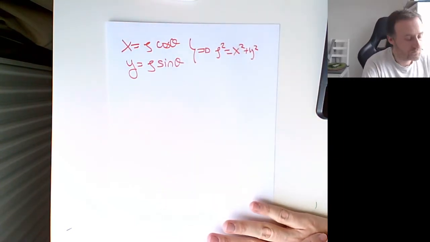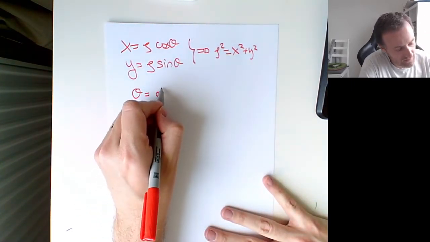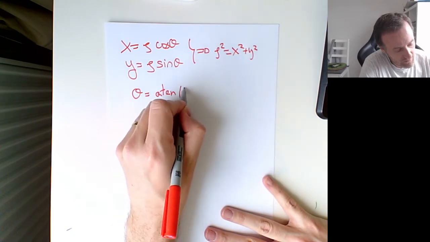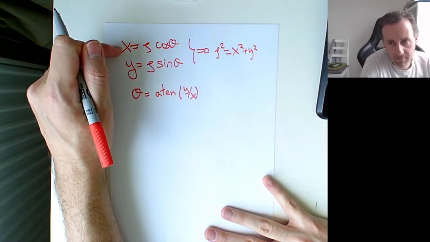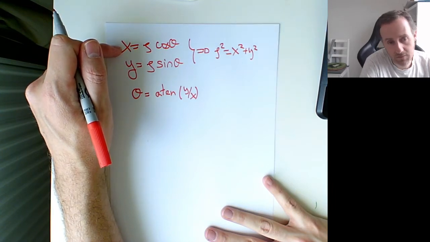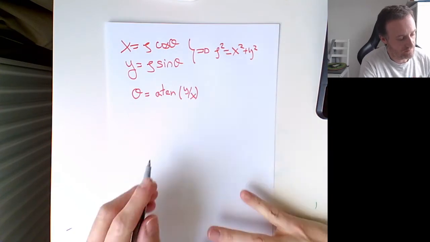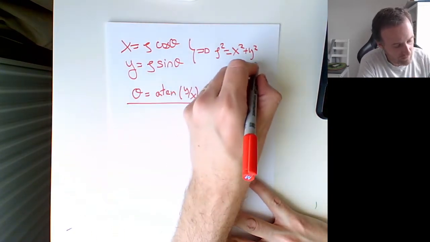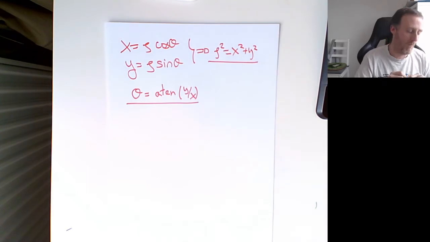This we know. And y divided by x is the tangent of theta, so theta is the arctangent of y divided by x. Very good. So these two will be very useful.